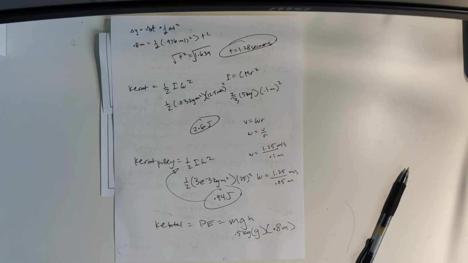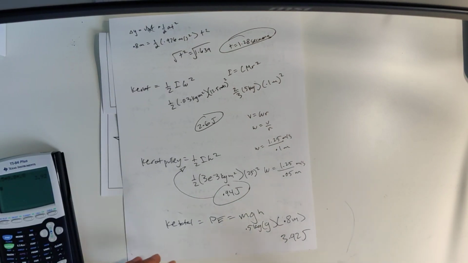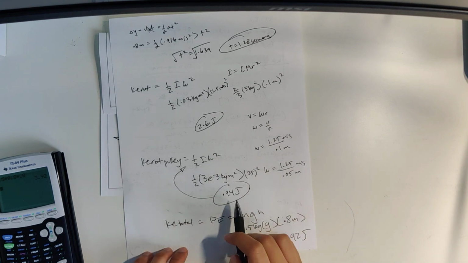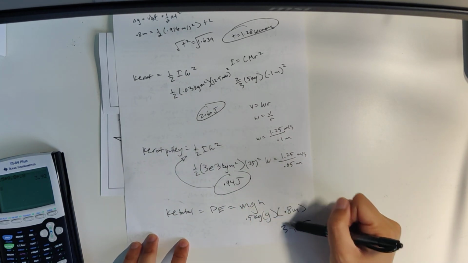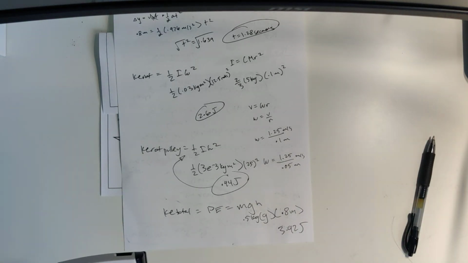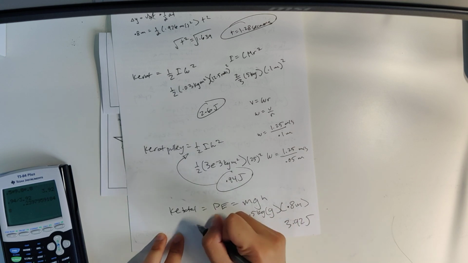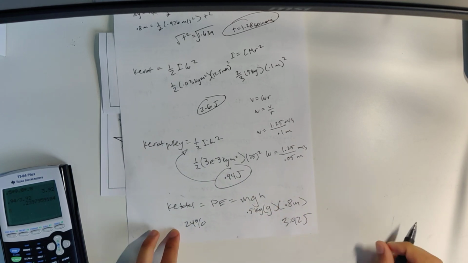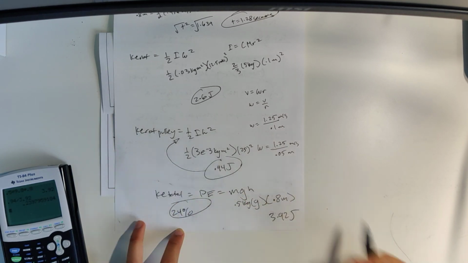So it'd be 0.5 times 9.8 times 0.8, 3.92 joules. So we're trying to see how much of the kinetic energy from the total got converted into the pulley. So if we just divide that over that, you get 0.94 divided by 3.92, 0.239. Let's just say 24% of the total KE went into the KE rot of the pulley. So that would be your answer for part D.